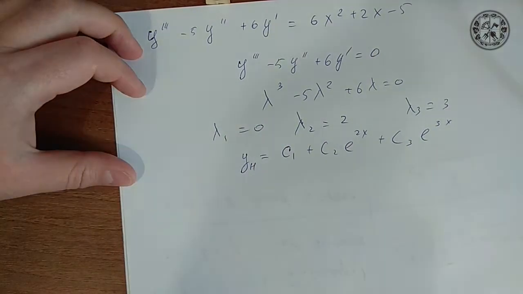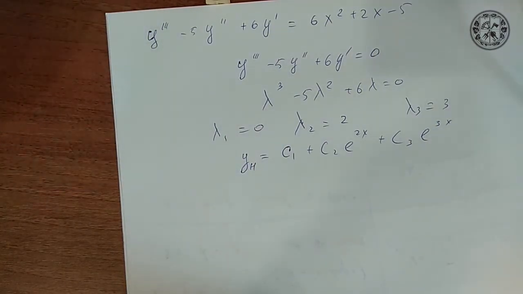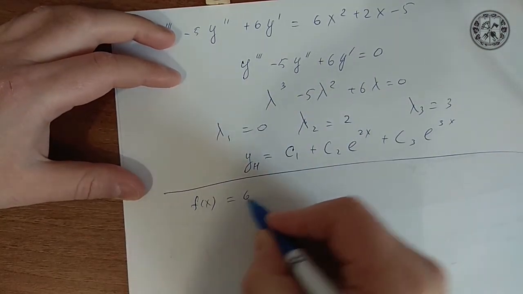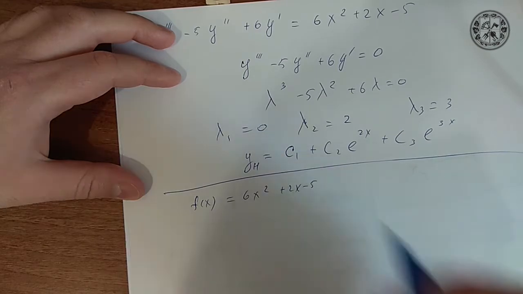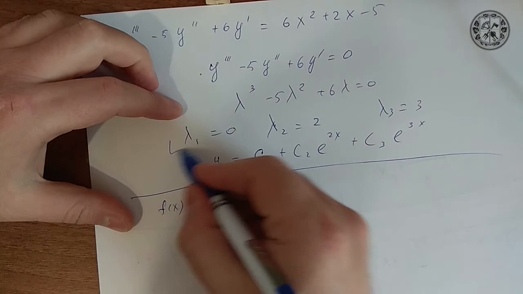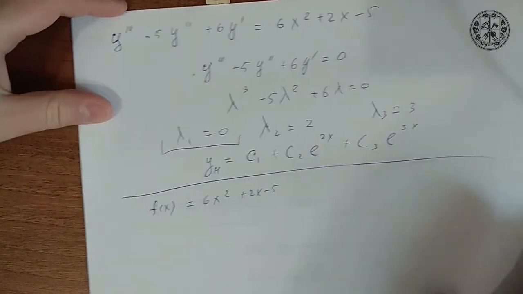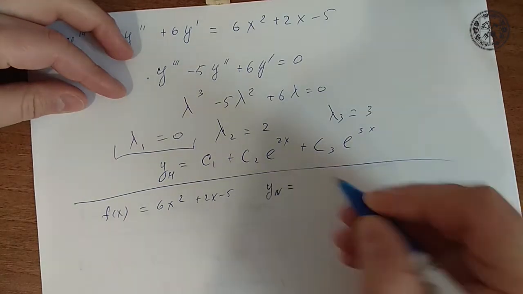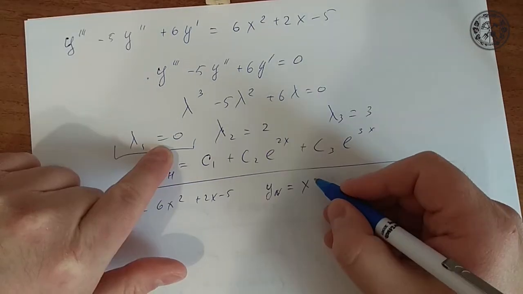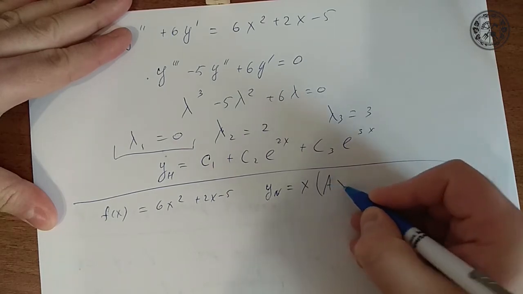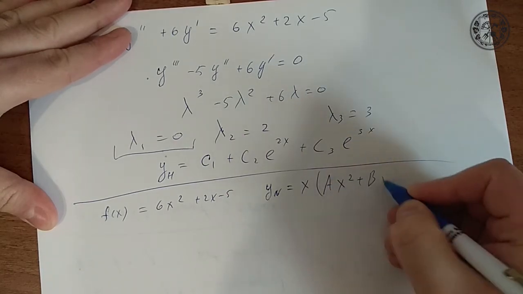Now, how about the non-homogeneous part? We have f of x that equals 6x squared plus 2x minus 5. And the characteristic polynomial has one solution, lambda equals 0. So our non-homogeneous solution will take the form x power 1, because we have only one solution, lambda equals 0, by ax squared plus bx plus c.